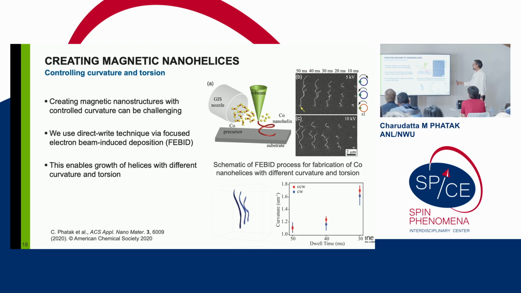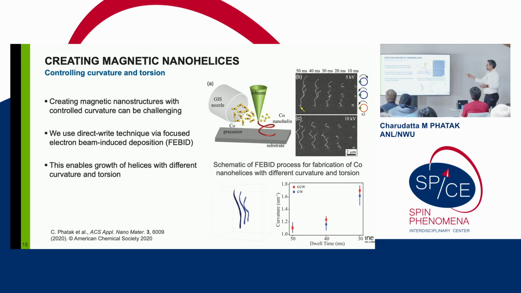By varying the growth conditions, such as changing the dwell time or the acceleration voltage, which changes the beam current in the electron beam, we can grow these nanohelices with different curvature and torsion. Basically, it's like having a spring and then either expanding it or compressing it. In previous work, we did structural tomographic reconstruction of these nanohelices and then computed the curvature as well as torsion.